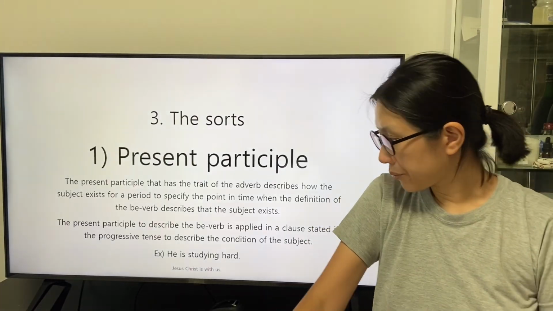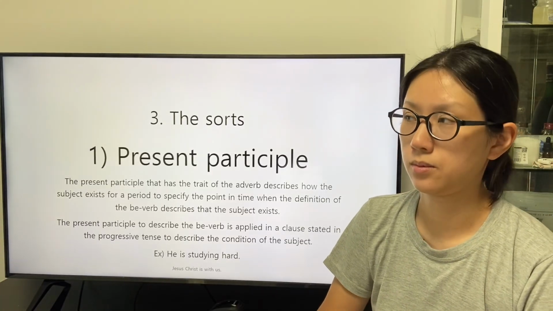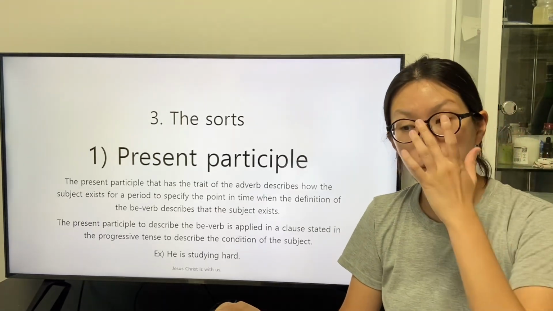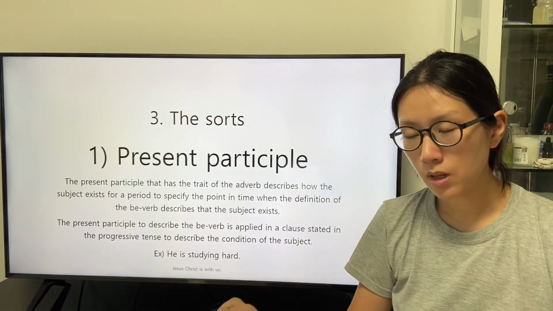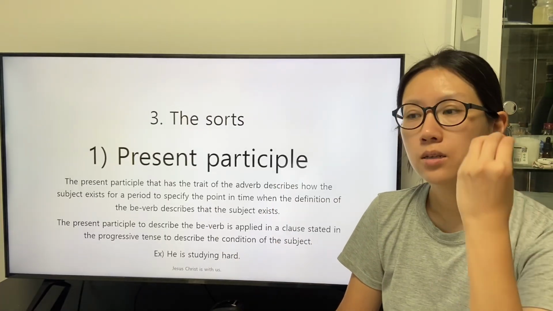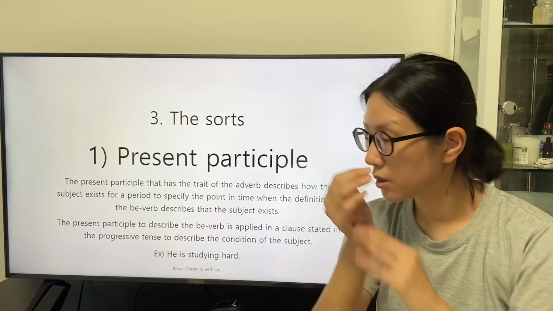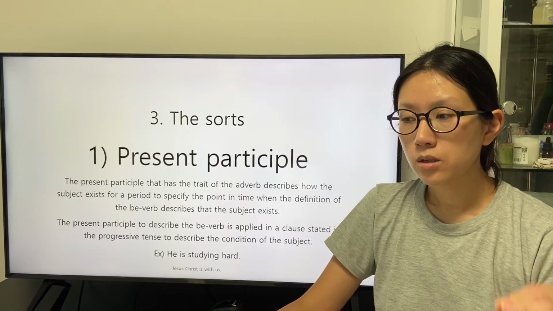So we can understand that the clause stated in the progressive tense that describes the existence of the subject with the be verb at first reveals that the speaker intends to describe the condition of the subject with the definition of the be verb.